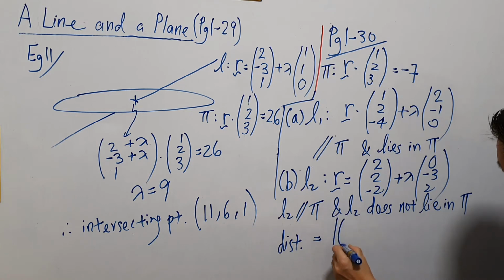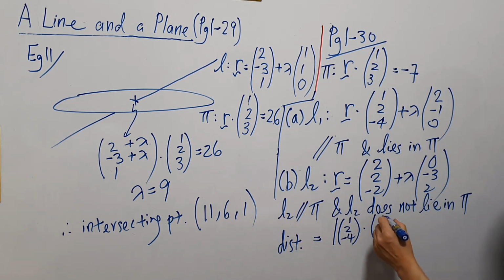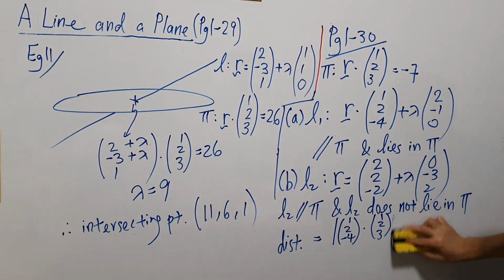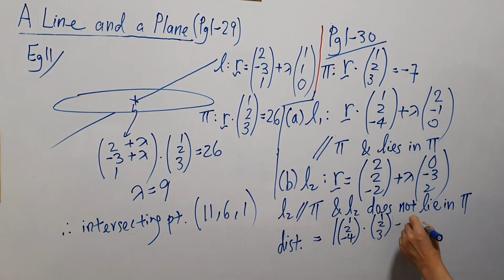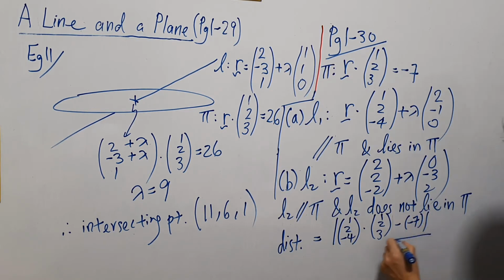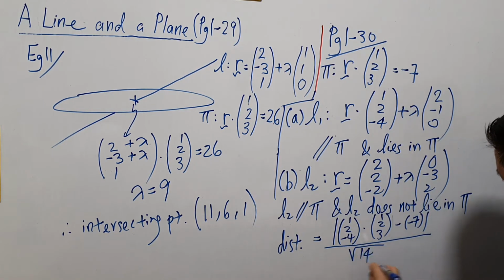Remember, we take the point in question, a point on the line L2, minus 4, dot with the normal vector of the plane, which is (1, 2, 3), and then you minus the right hand side, and then divide by the magnitude of the normal vector n. So let's do it mentally.